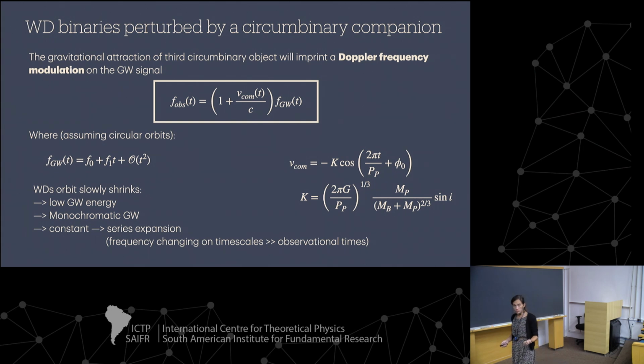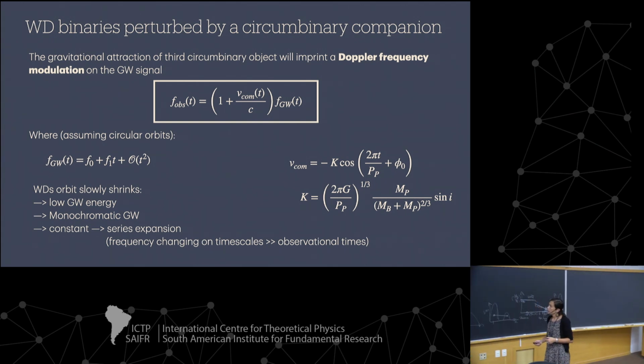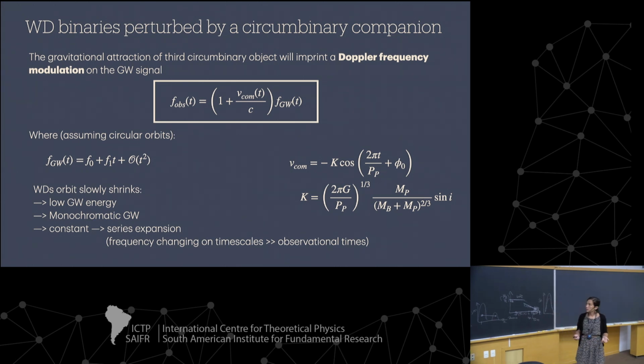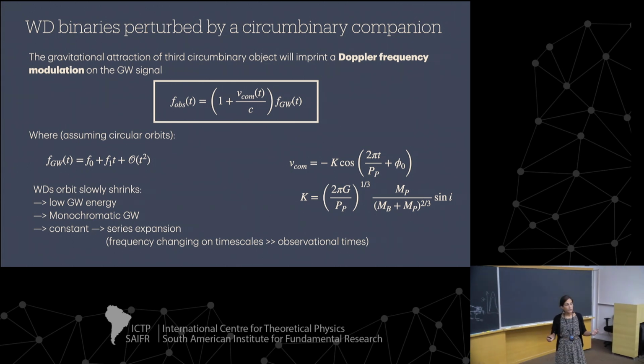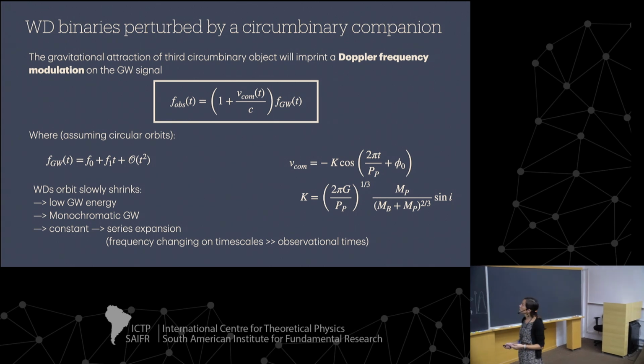But it's a low gravitational wave energy, and for that we can assume it is monochromatic, and that it's constant. Basically, the gravitational wave frequency is going to change on timescales that are much larger than the observational timescales of LISA. So we can assume that they are constant.